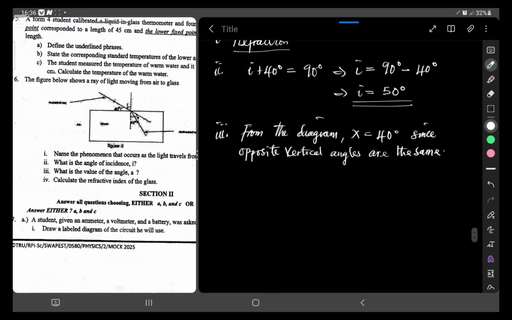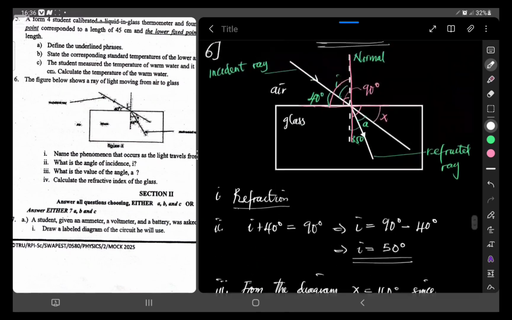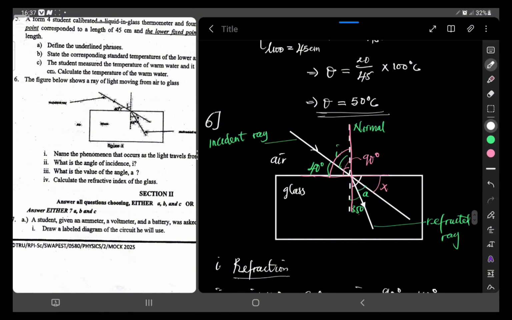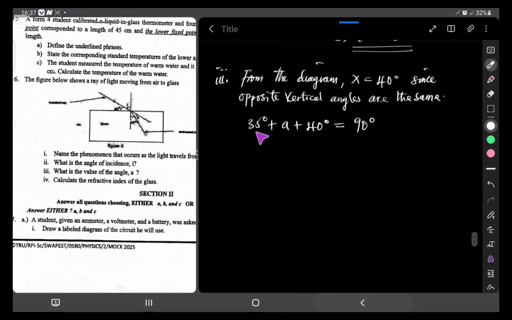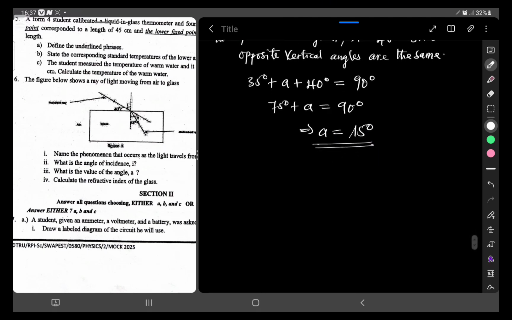Now with this value of X, 35 degrees plus A plus 40 degrees must sum up to 90 degrees, the right angle. From here, 35 plus 40 gives us 75 degrees. So 75 plus A equals 90 degrees, which means A equals 90 minus 75 degrees, which gives us 15 degrees, and that is the value of A.